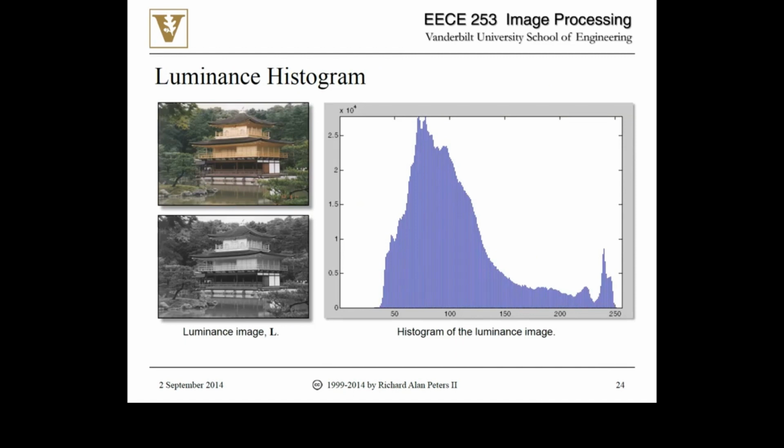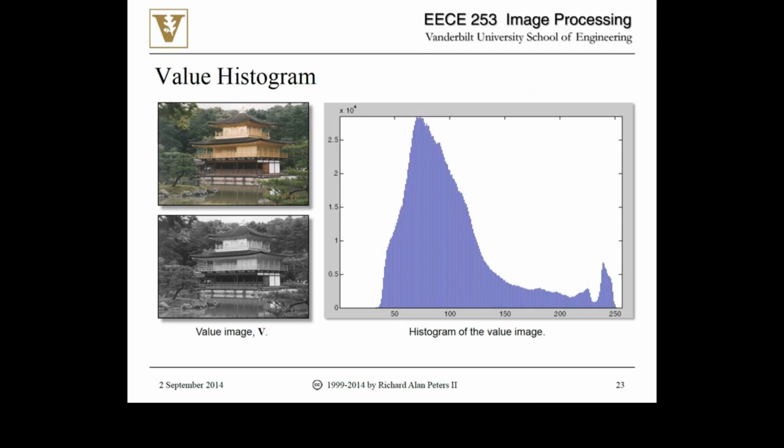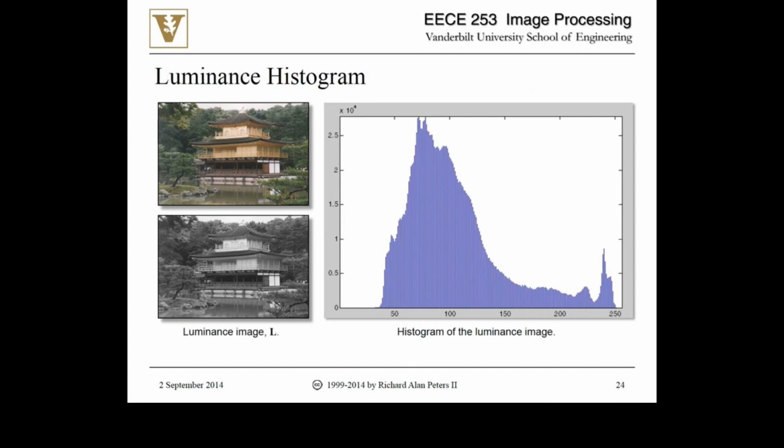You don't care if the maximum is 251; what you care about is how many pixels you have at 251, and at the values around 250, 249. There are more in the luminance than in the value, not many more, but more. That is why we have better contrast.